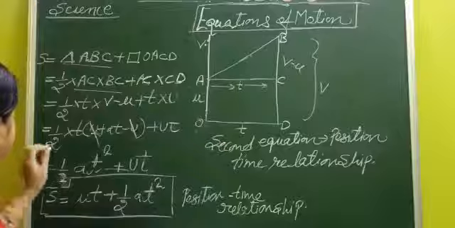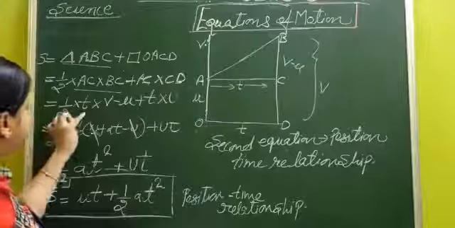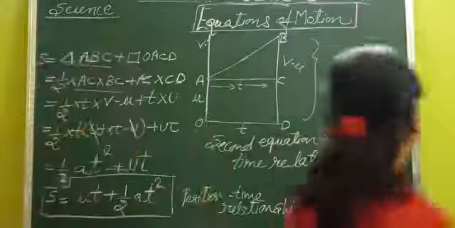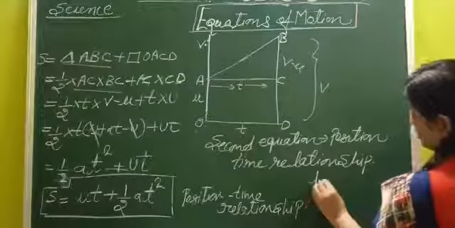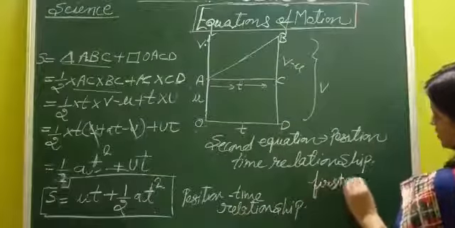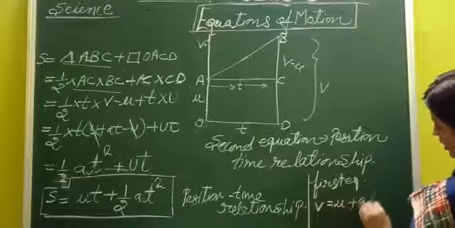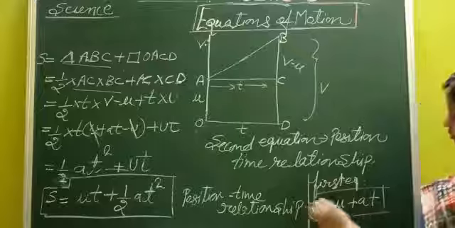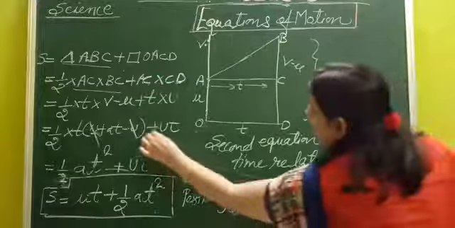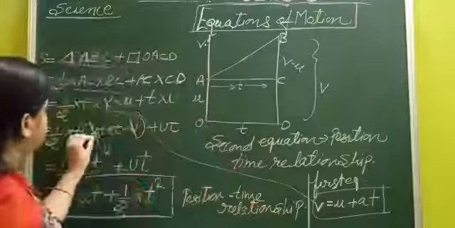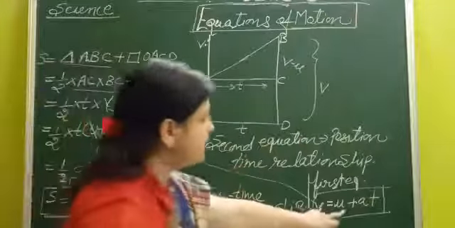So now half multiply T. According to the first equation, we know that V equals U plus AT. Now put the value. Here V is U plus AT.